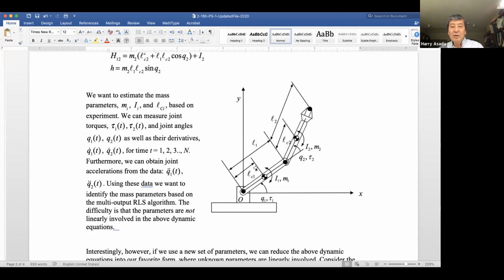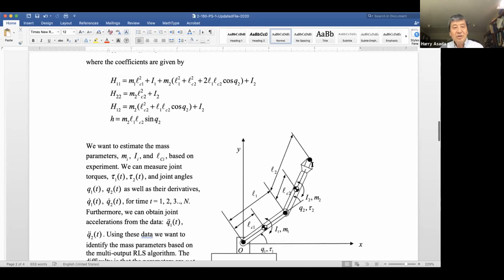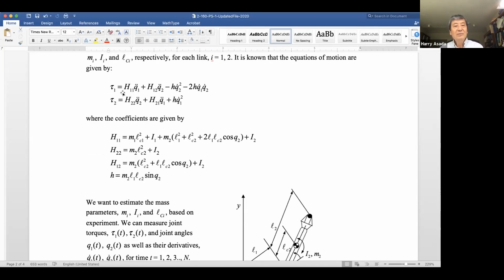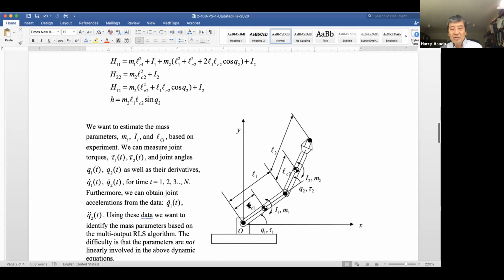The first link is simple. Mass is m1, the center of mass is at LC1, and the moment of inertia is I1. If you put together the so-called Lagrange's equations of motion, you end up with this equation. The torque generated by actuator 1 influences the system in this way, and q1, q2 are the joint displacements. The q1 is this angle, the q2 is measured from the extension of link 1 to link 2, so q2 is this angle.